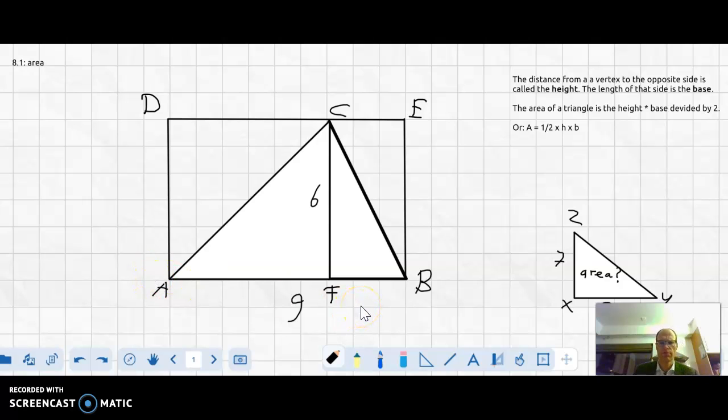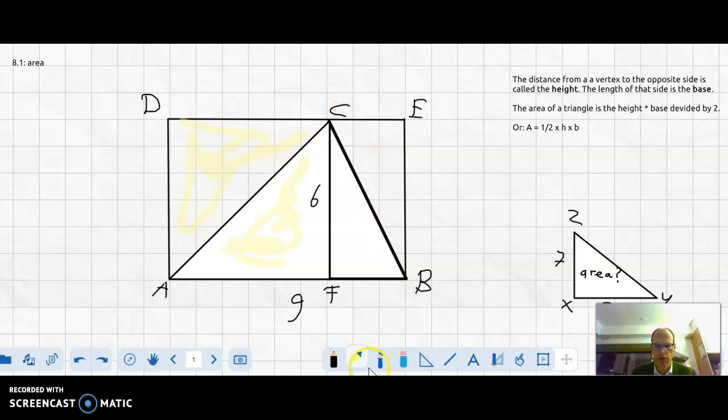But it's the same. So apparently this one over here, let's make this yellow. Can I throw that yellow? Yeah, there it is. And the other, this one as well, also the yellow triangle, they're the same size. So this is half of the rectangle.